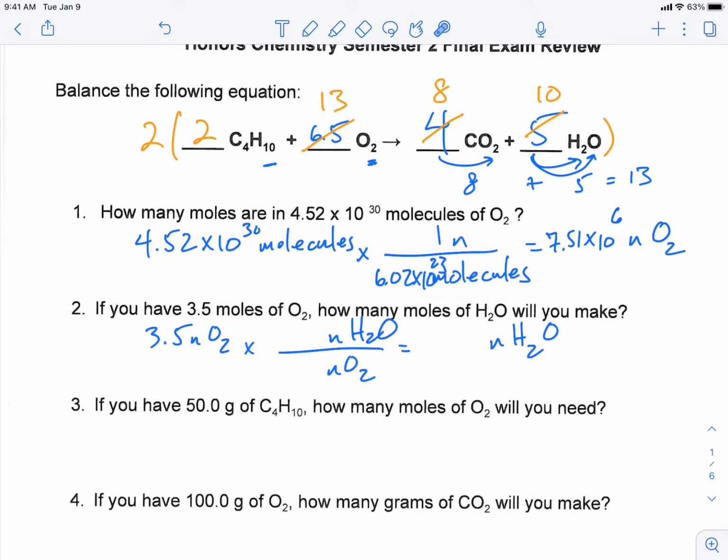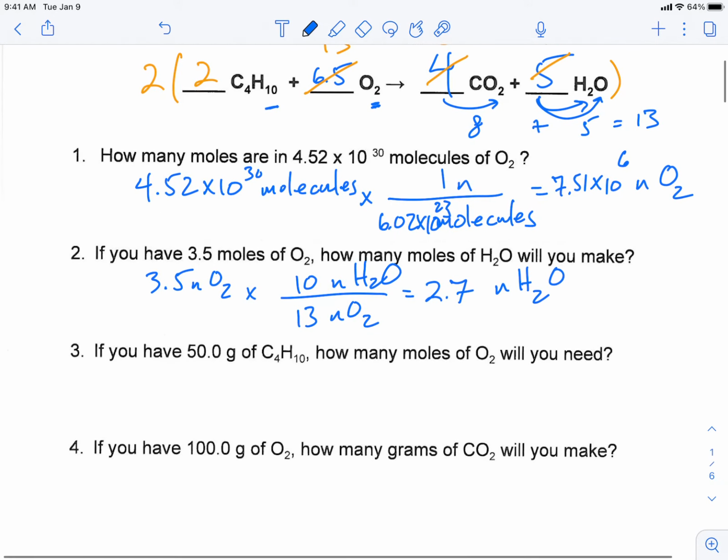And so our equation tells us that for every 10 moles of water that are made, we needed 13 moles of oxygen. And again, that's coming from our equation, 13 moles of oxygen for every 10 moles of water. All right. Doing our math here, 3.5 times 10 divided by 13 gives us around 2.7 moles of water.